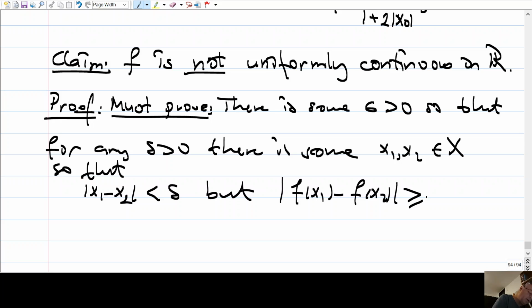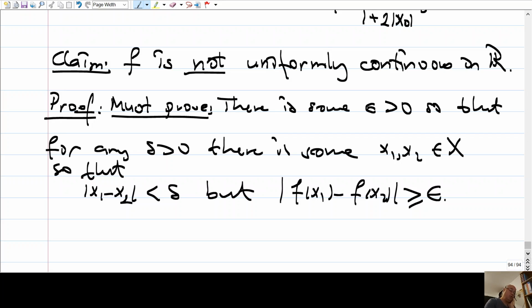So this is larger than or equal to epsilon. This means there is some epsilon so that no matter how small you choose your delta, I can find x1 and x2 so that this difference is larger than epsilon.